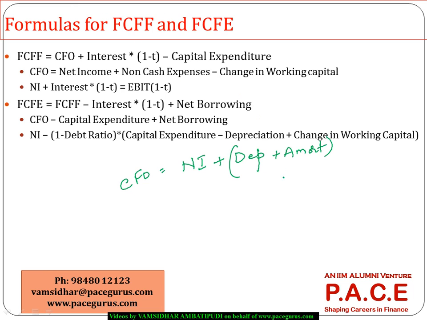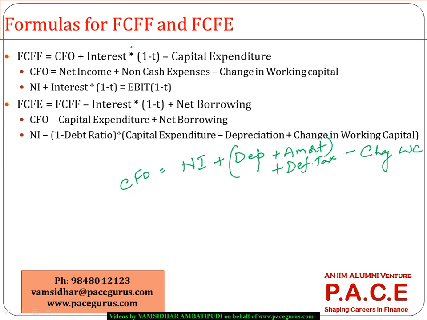All these things, whichever I am treating as non-cash expenses, are added back, and I am subtracting the changes in working capital. This is what we are calling cash flow from operations.